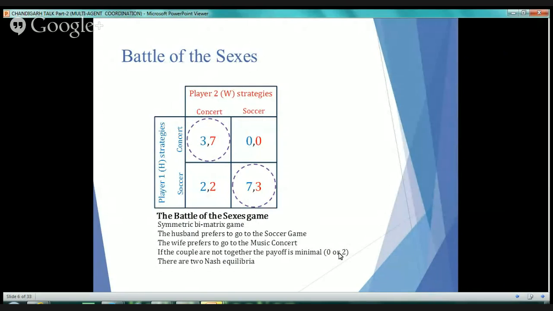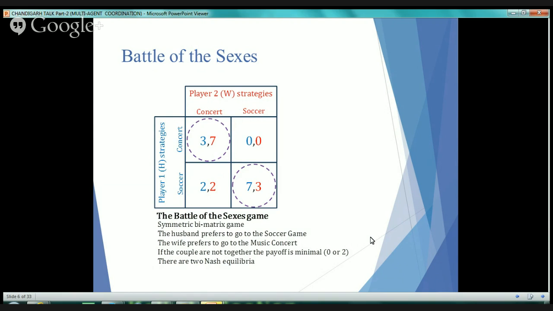So he gets only a value of 2 because of the cricket game, and she separately from the concert gets a value of 2. Now, if the husband lands up in the concert, which he doesn't enjoy, and the wife lands up in the cricket match, which she doesn't enjoy either, the values are 0 and 0. Okay, so these are the values.